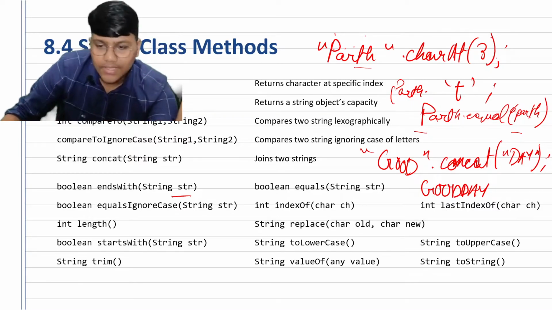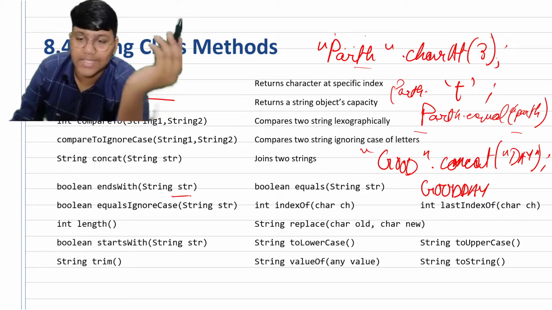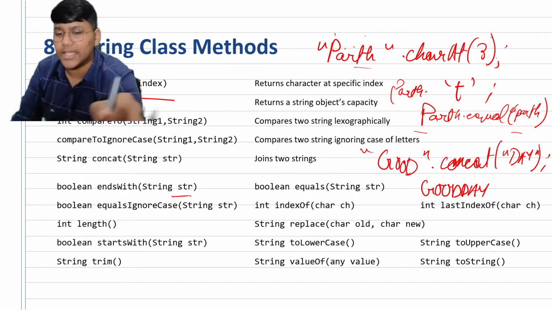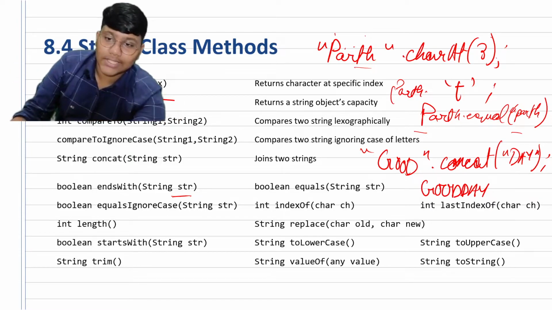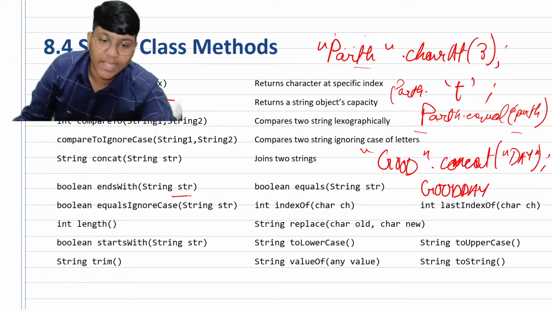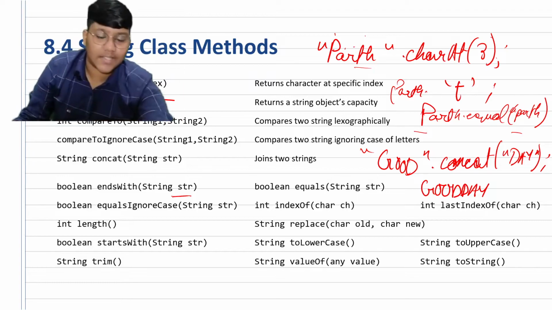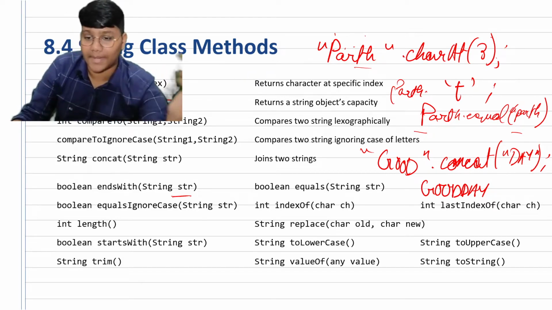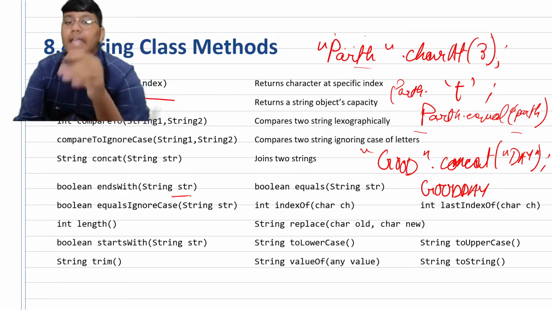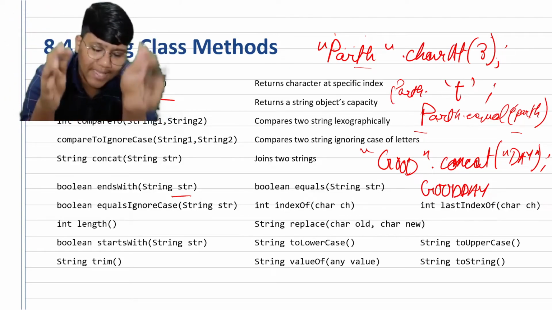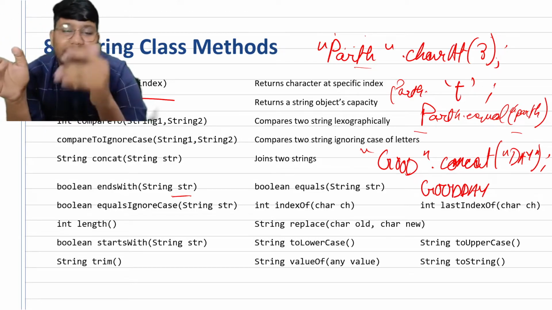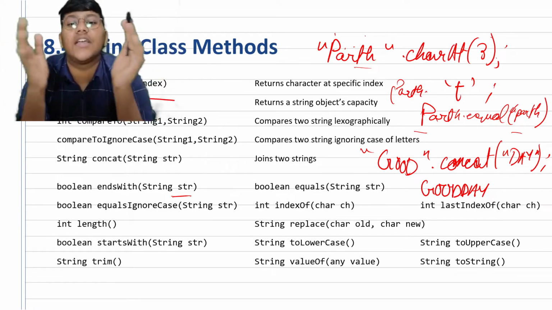Then boolean startsWith is the same as endsWith, it will check whether the string starts with the string provided. String toLowerCase converts all the characters in the string to lowercase. String toUpperCase converts all the characters to uppercase. String trim trims off the string: space at the start and space at the end of the string will be trimmed.